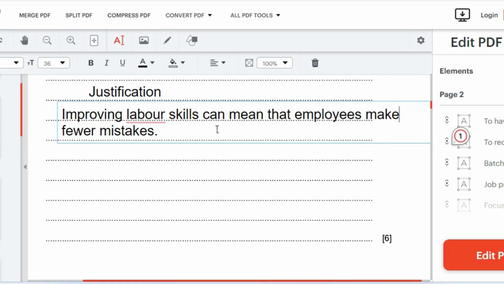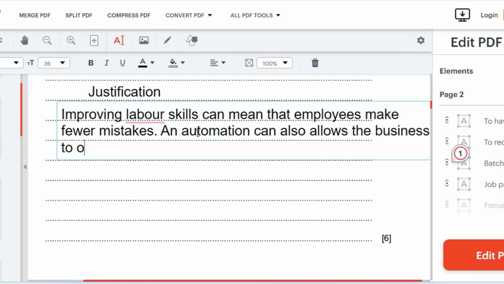Automation can also allow the business to operate with fewer employees.